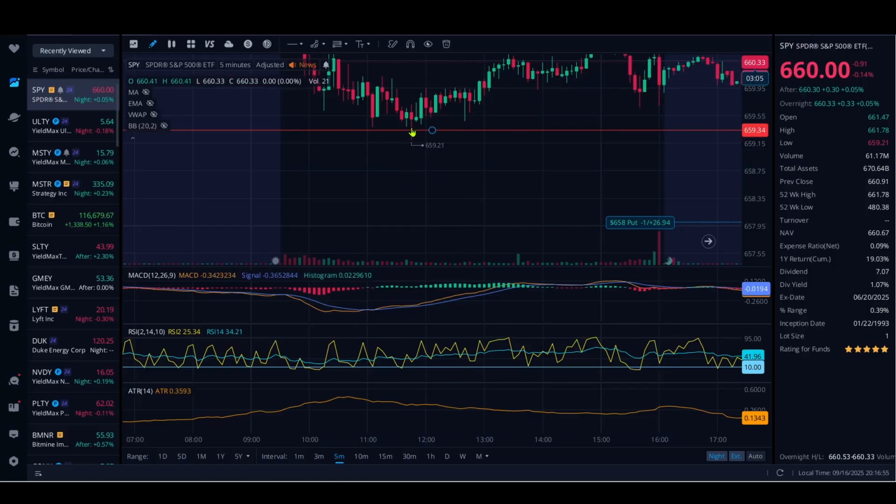Now, had this happened back here at the first of the day, then the premium would have been nice. It'd have been probably closer to maybe 70 bucks or something like that. I'd at least have got double what I got at noontime today, because time is money, right? If there's more time value in that option play, then it's going to pay you more.